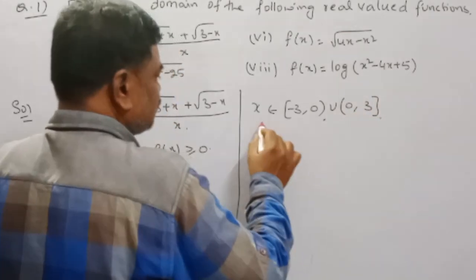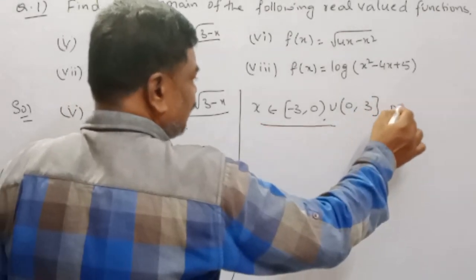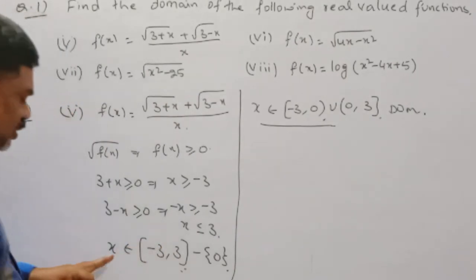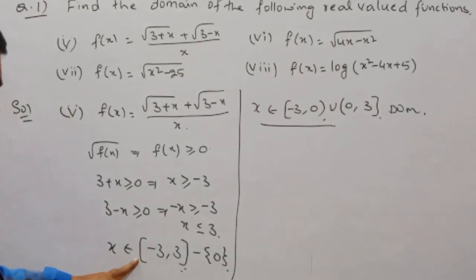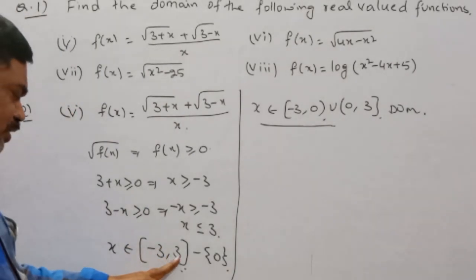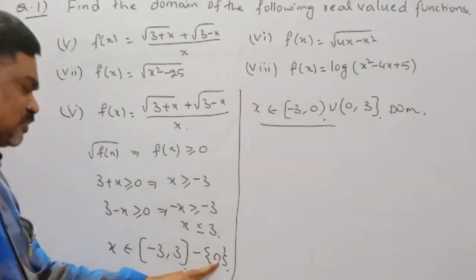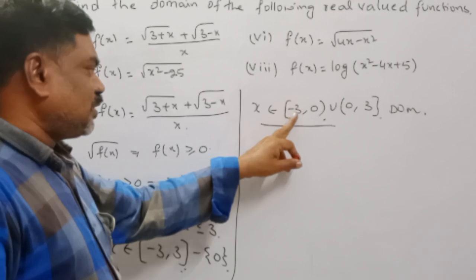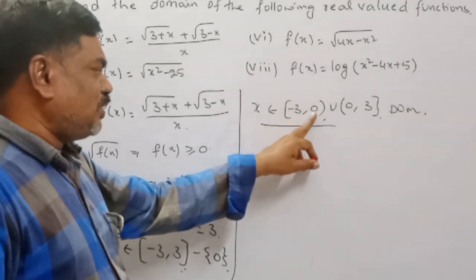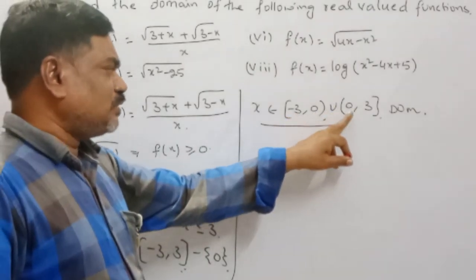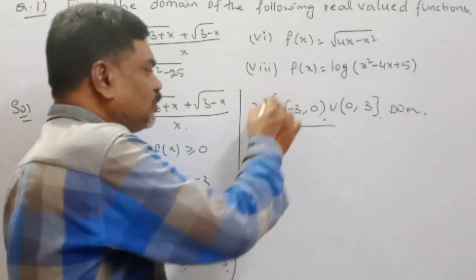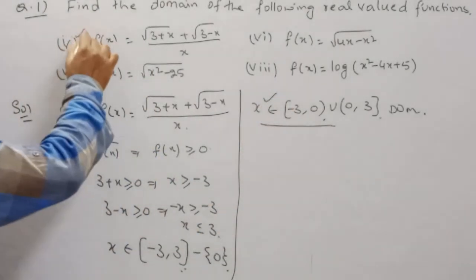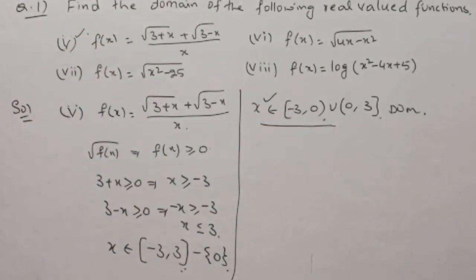So this is also the domain. X belongs to closed interval minus 3 comma 3 excluding 0, or x belongs to closed interval minus 3 comma 0 open interval union open interval 0 to 3, is also the domain of this function. Okay, all of you? That's all.